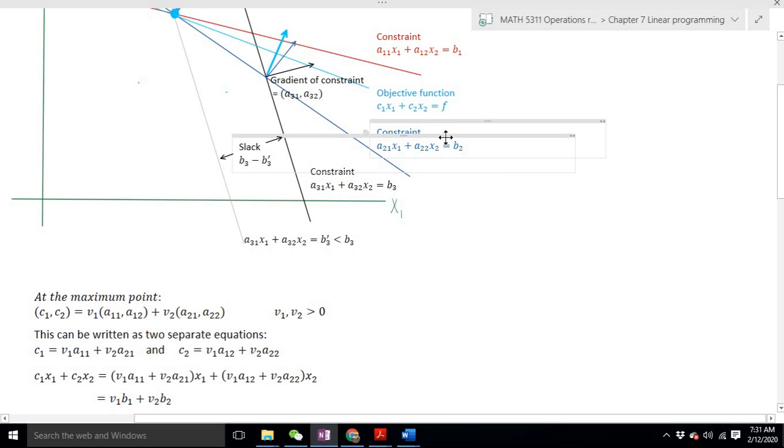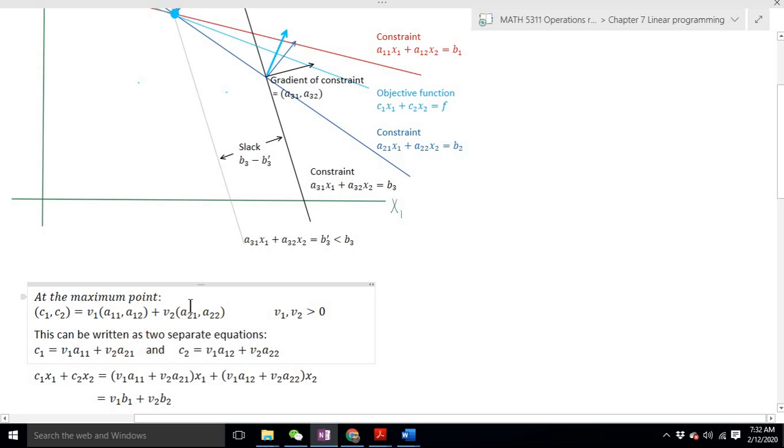Right, so you get this dual relationship between these x variables, which are the variables that locate the maximum point, and these dual variables v1 and v2, which tell you how to get the gradient of the optimization function in terms of the gradients of the constraints. All right?